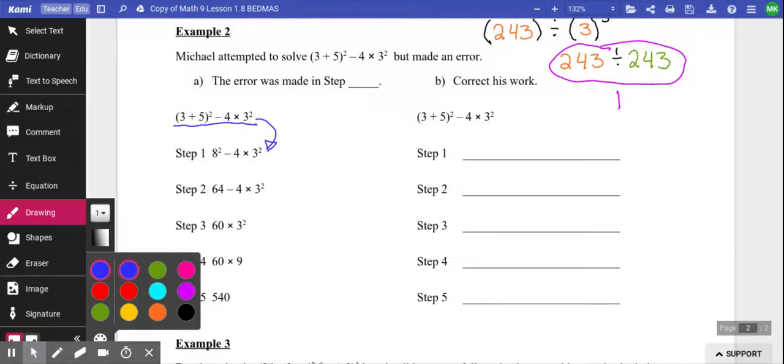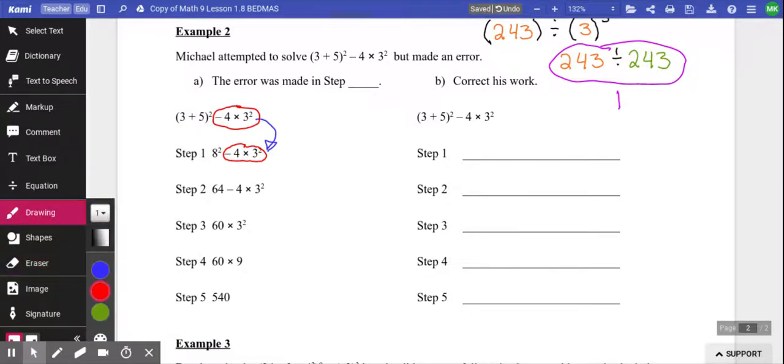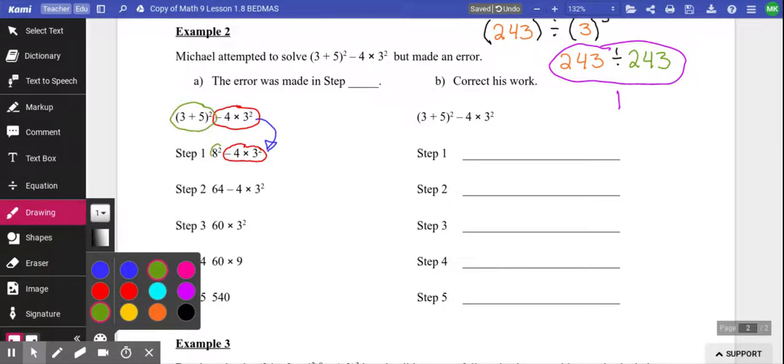Looking at this whole section, it has not changed. They still have the negative 4 times 3 to the power 2. That's stayed unchanged. What has changed is this that I'm highlighting in green. They went from 3 plus 5 squared to 8 squared.